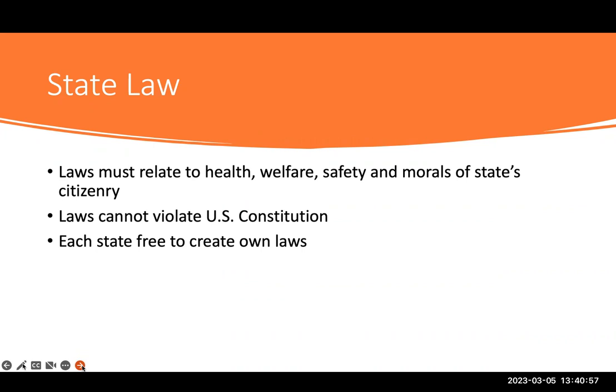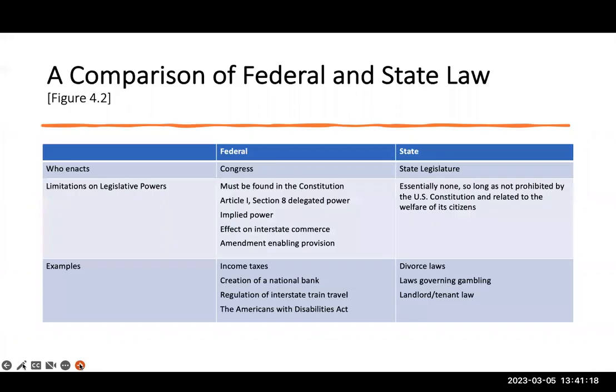State laws cannot violate the United States Constitution, but apart from that, each state is free to create its own laws. This gives rise to our system of government, where different states have different legal systems, different areas of substantive law, etc.